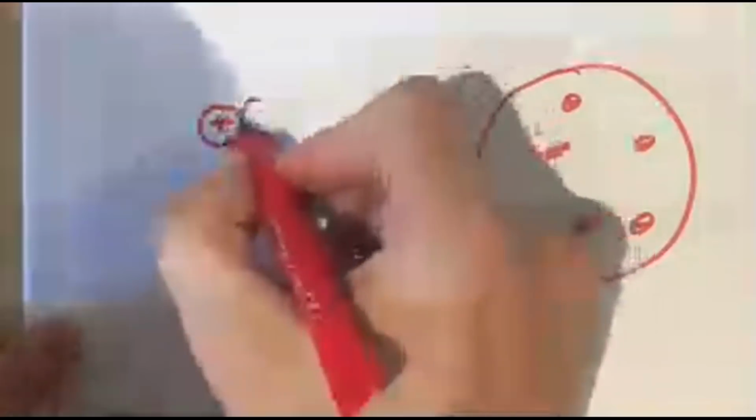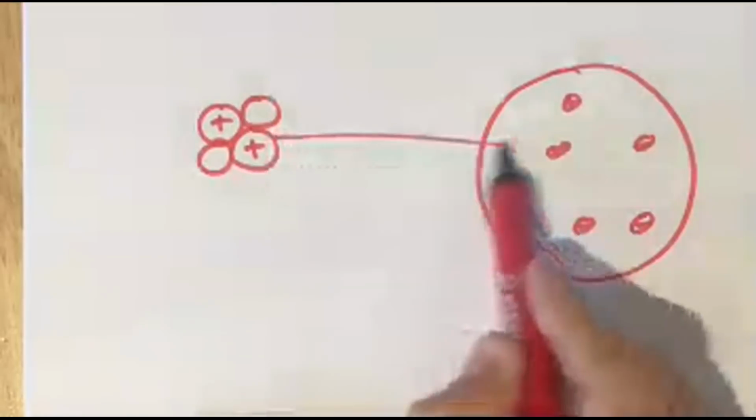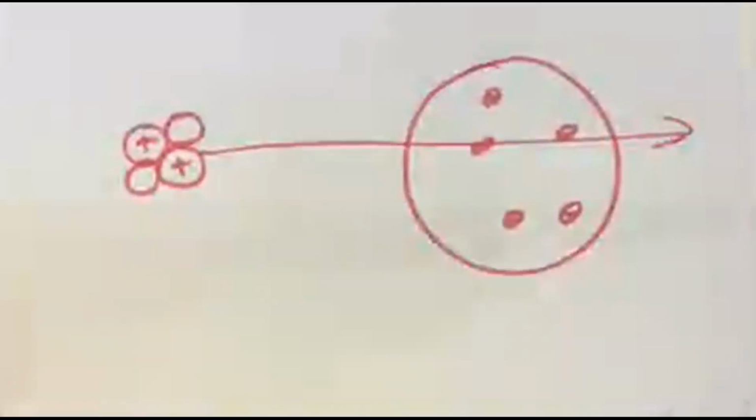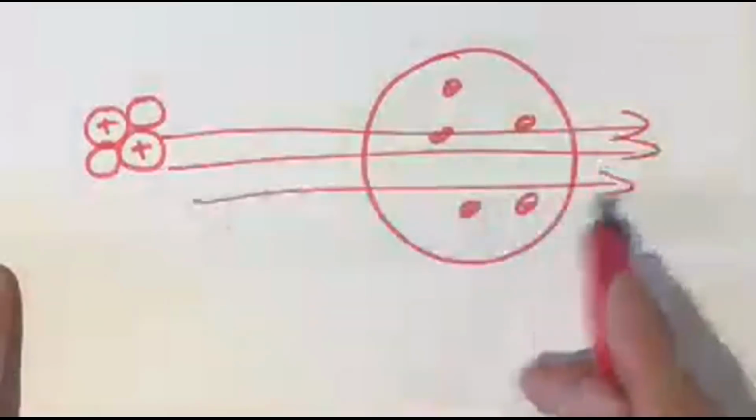Now, alpha particles are 2 protons, 2 neutrons. What happens is they fire them at the thing. Now, if this is a plum pudding model atom, there's nothing in the way to kind of stop it. It just goes all the way through. No matter where the radiation comes, it goes all the way through.